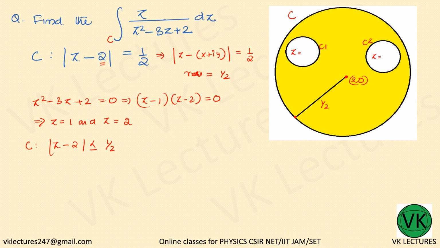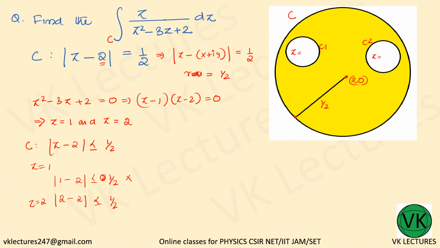So let us first put z equal to 1. 1 minus 2, is it less than or equal to half? No, it is not, because mod 1 minus 2 is 1. And now z equal to 2: 2 minus 2 is 0. Is it less than or equal to half?